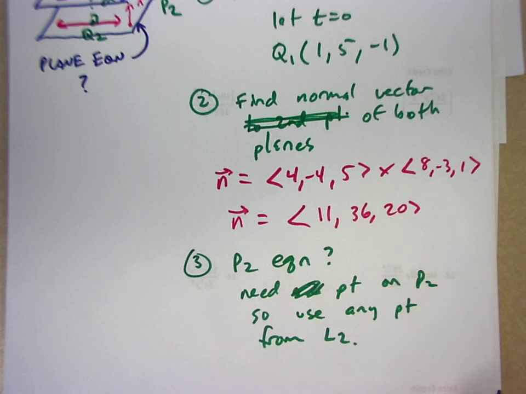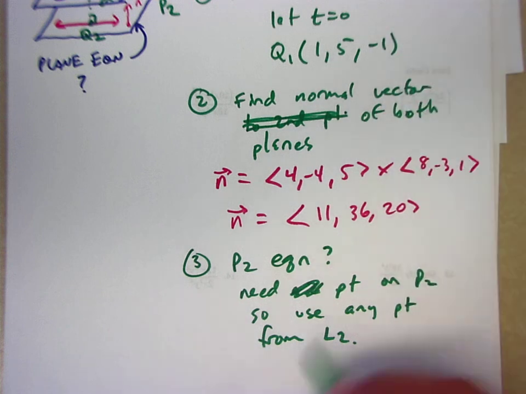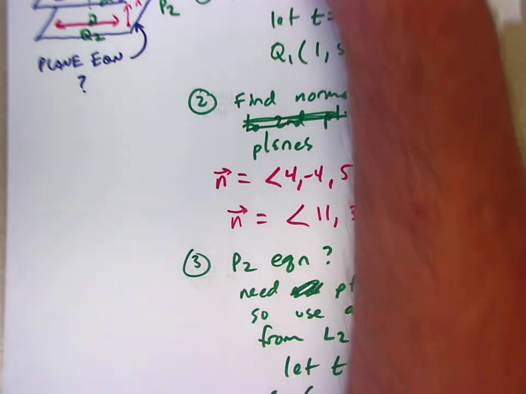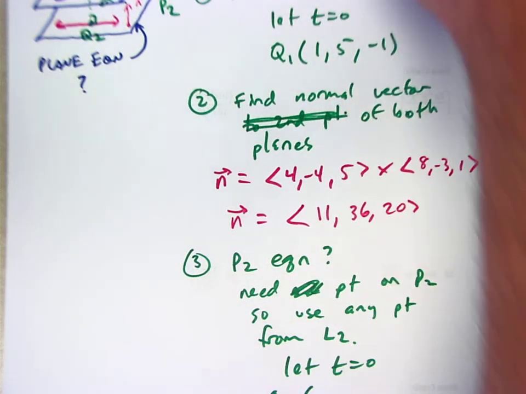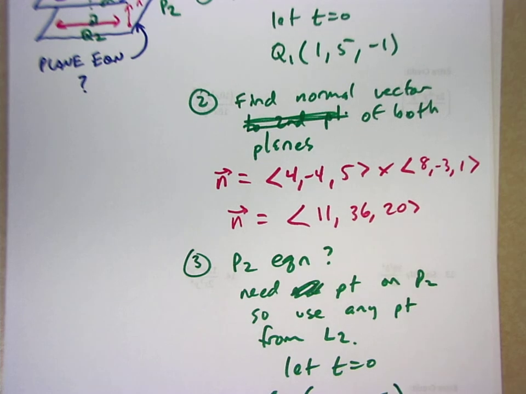Pretty straightforward. Just like the first line, we picked any point, we let t equal 0, we can do the same here. So if we let t equal 0 for L2, now I get my second point. We'll call it Q2, and if you plug 0 in, you should get (2, 4, 5) for the coordinates of that point.